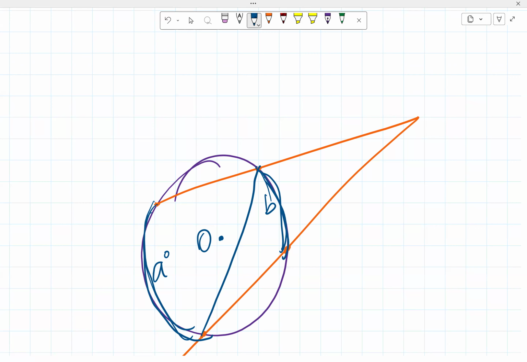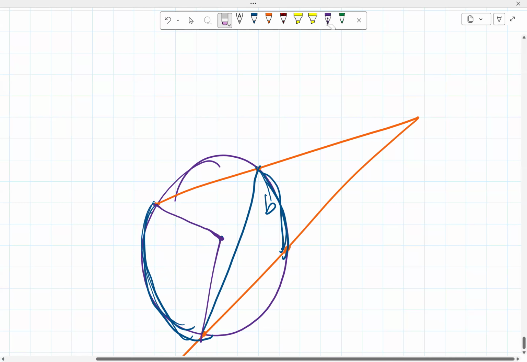From what we know about arcs subtended like that, this arc, whatever it makes at the center, what about if we have this now? The measure of this arc, based on what we have, is A degrees.